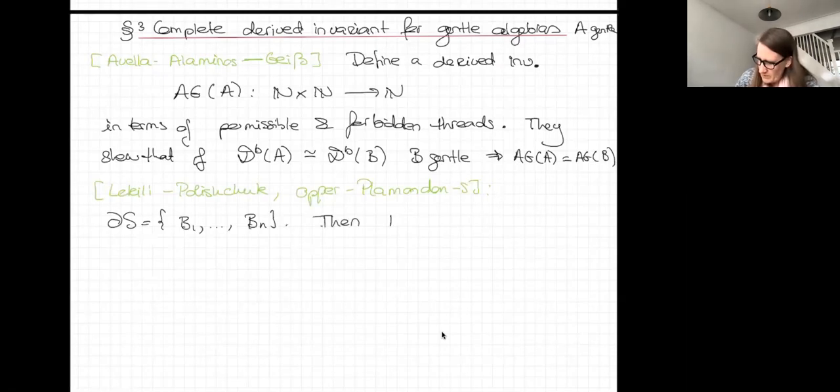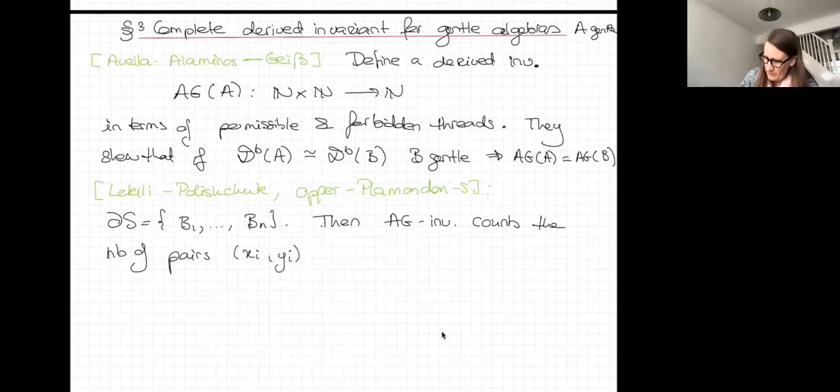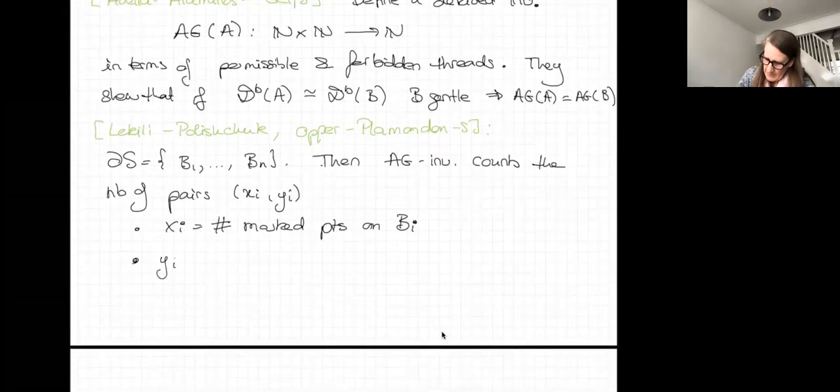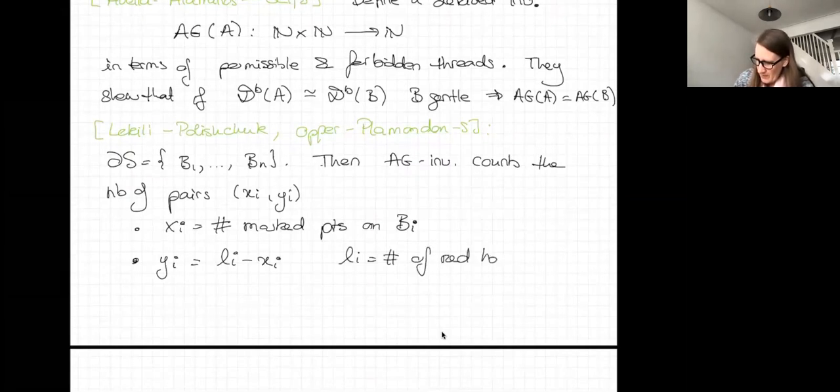Then the AG invariant counts the number of pairs of the form (x_i, y_i) for i from 1 to n, where x_i is simply the number of marked points on the boundary component B_i, and then y_i is l_i minus x_i, where l_i is the number of red half edges incident with the boundary component B_i.